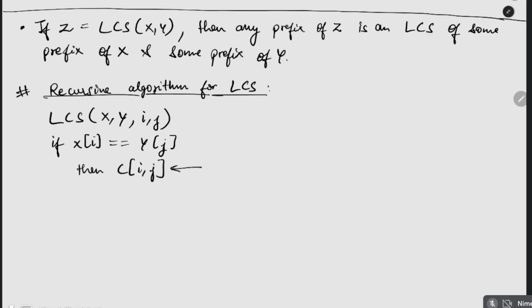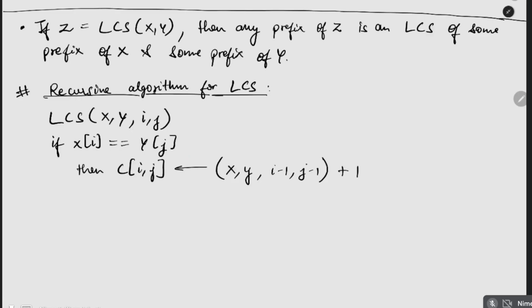So basically, we have found one common character.